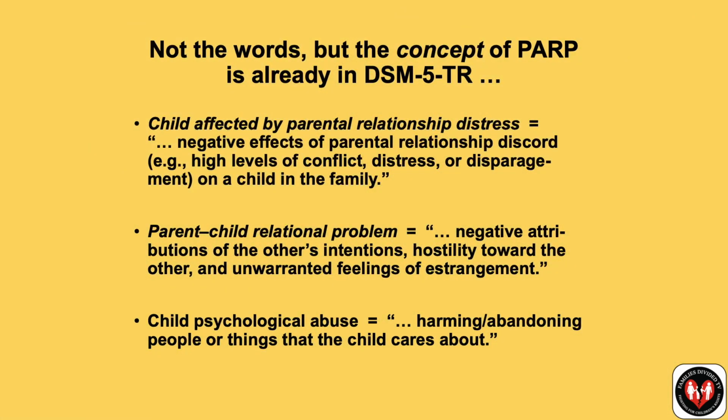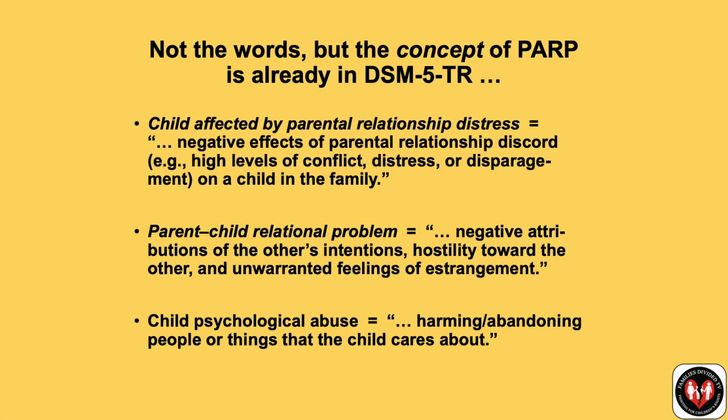There's another diagnosis in the DSM-5, which is parent-child relational problem. The definition of that condition includes negative attributions of the other's intentions. In other words, they're talking about the child and the parent, their intention, the negative attributions about each other, hostility toward the other, and unwarranted feelings of estrangement. That also sounds familiar because that's also a paraphrase of what happens in parental alienation.